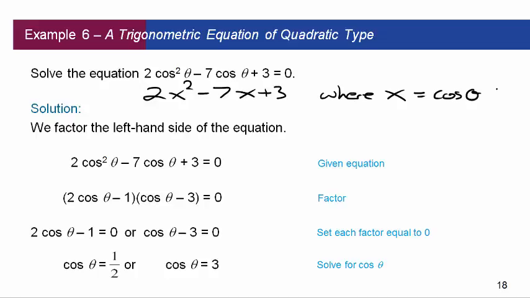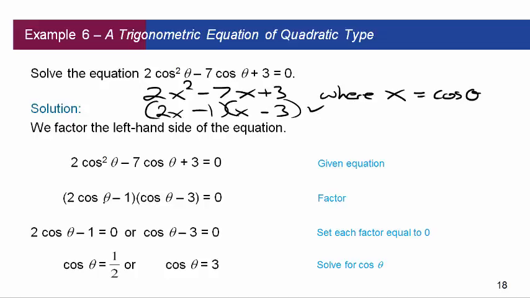You could first think about how to solve this quadratic by factoring. I know I have to do 2x and x, and then I have a 3 and a 1, and I have to get 7 out of these. So how about minus 3 and minus 1, because that gives me plus 3, and the cross terms give me a minus 1 and a minus 6, and that works.